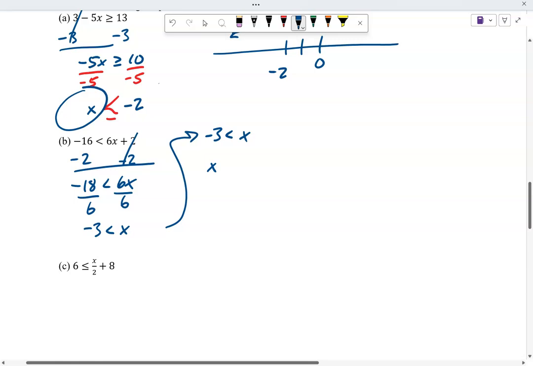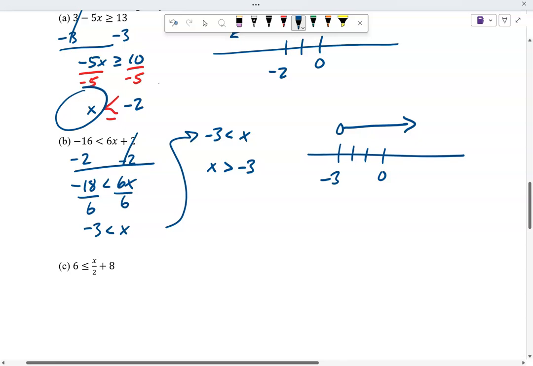So think about like putting this on a popsicle stick and spinning it kind of thing. Okay. You want to switch their sides, which means that's also when you switch the sense of the inequality. Now read it. X is greater than -3.